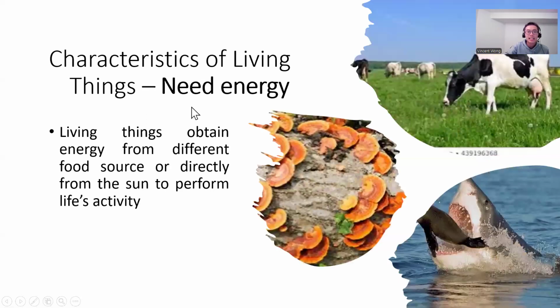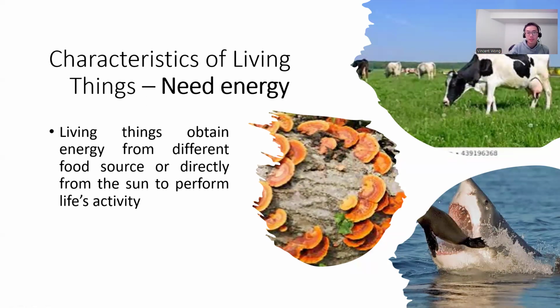And the next thing is the need for energy. Okay, so some organisms are only going to be consuming plants, while others are going to be eating other organisms, right? So we call them consumers, like sharks, for example, which would consume another organism.